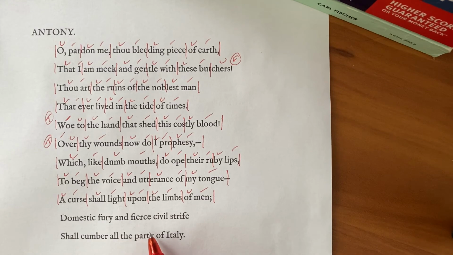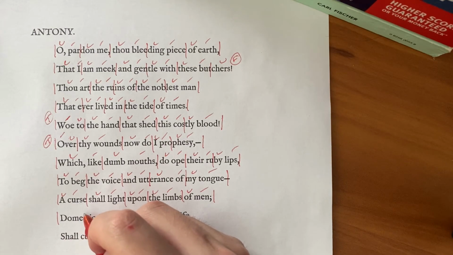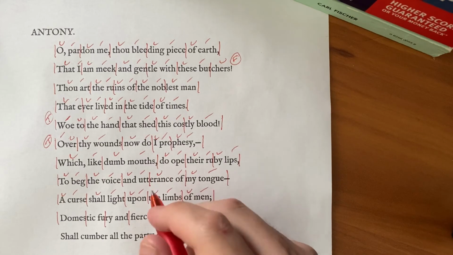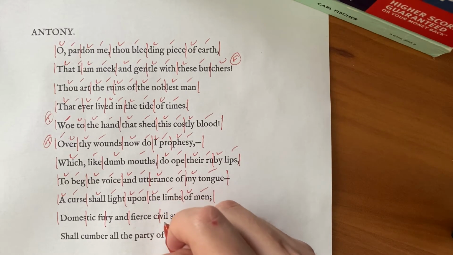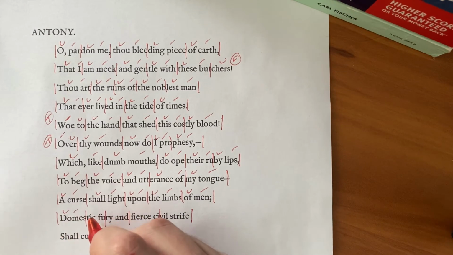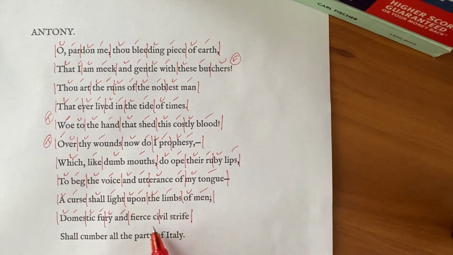"Domestic fury and fierce civil strife." Okay. Domestic fury and fierce civil strife. So what I'm going to do in this line, right? Domestic fury. Fierce and civil are both pretty important words in this line, but I want to emphasize both of them.